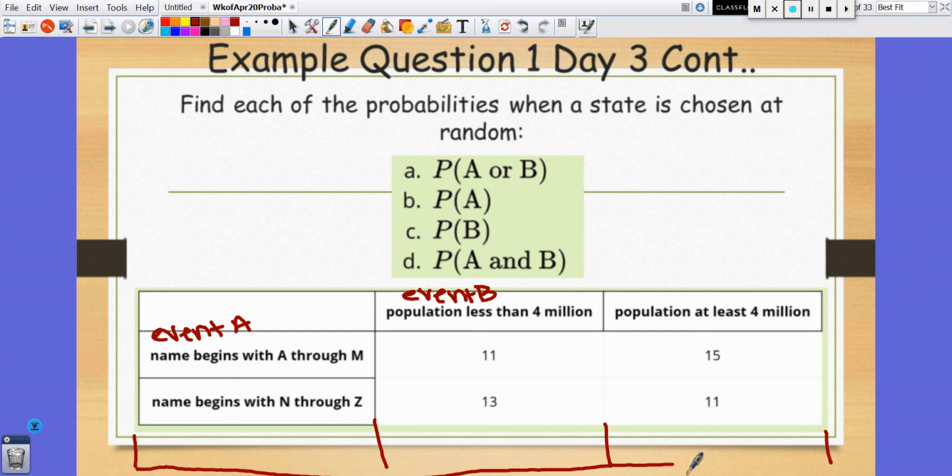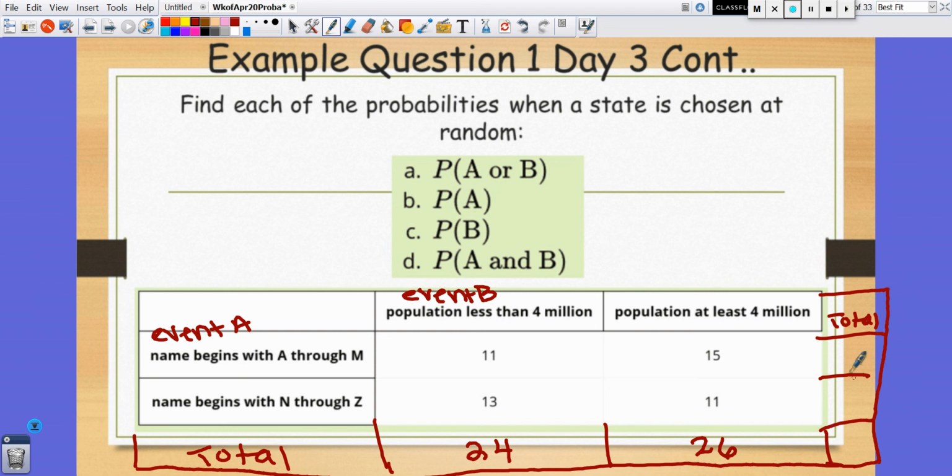So I am going to put this in here, and I'm going to call this total, and this is 24, and this is 26, and over here I'm going to call this my total also. This is a two-way frequency table here.